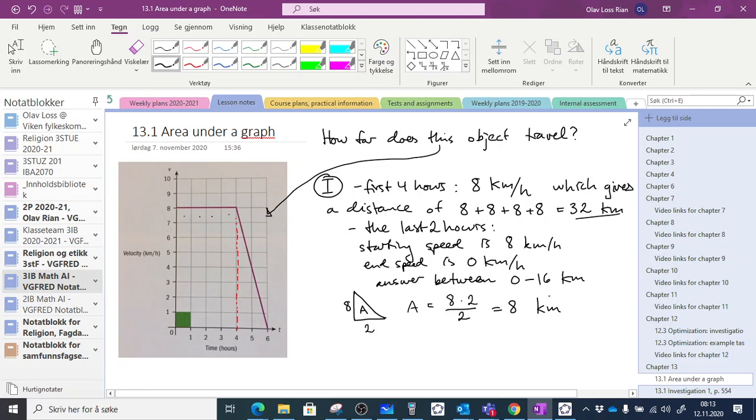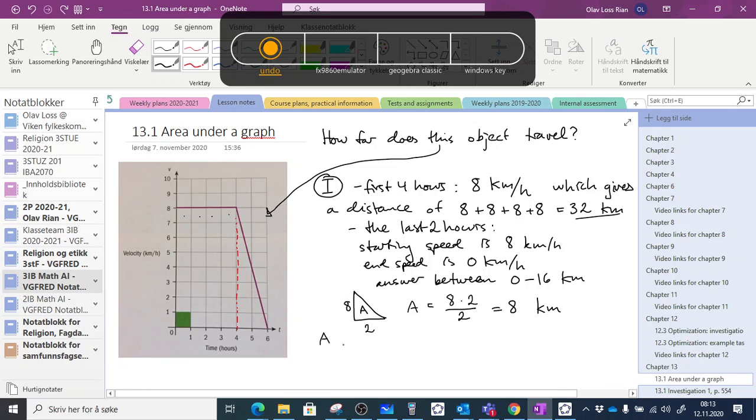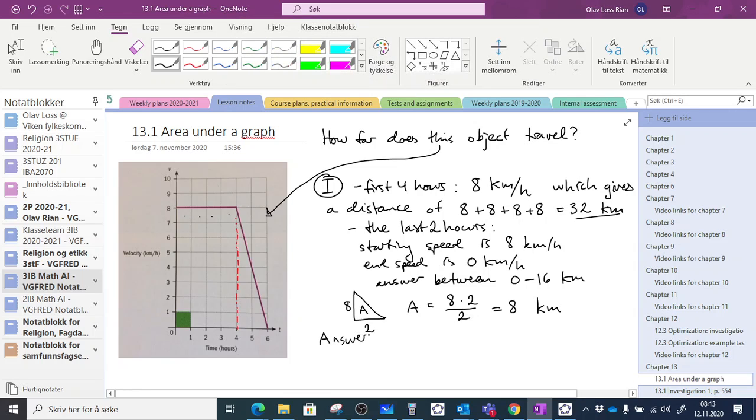We haven't really established that this is a reasonable way to do this, but we could use this as a preliminary answer that the object travels 32 plus 8, so 40 kilometers.